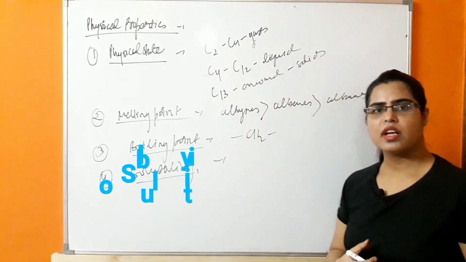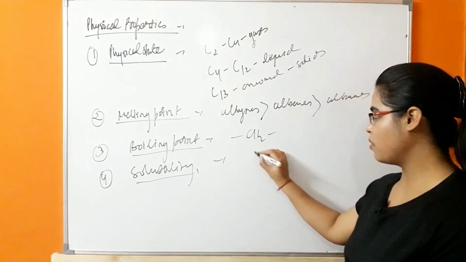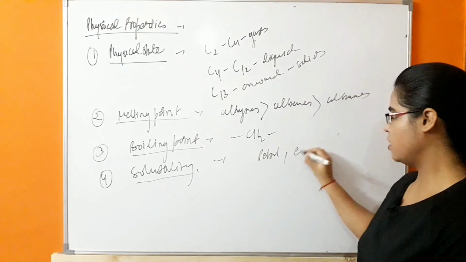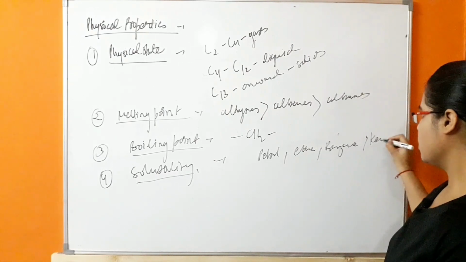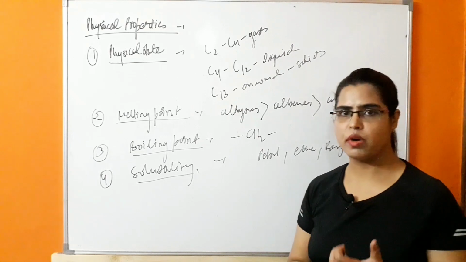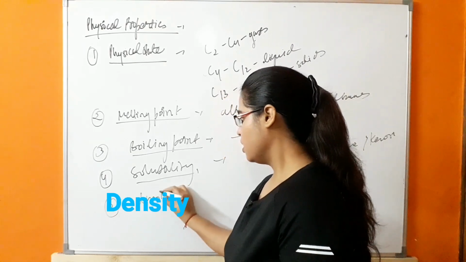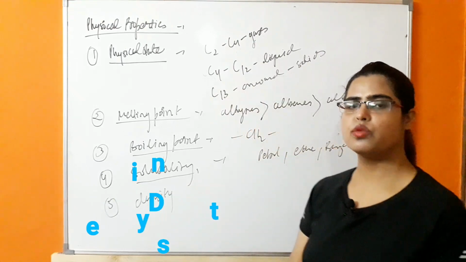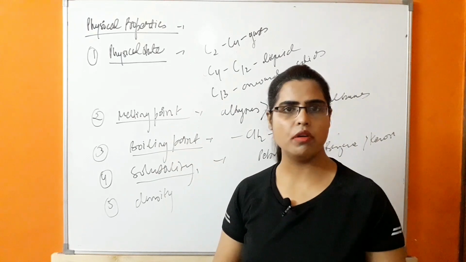Because they are non-polar compounds, they are soluble in non-polar solvents, for example petrol, ether, benzene and kerosene. Fifth, density. They have lower density, due to which they float over water. So these are the physical properties of alkynes.